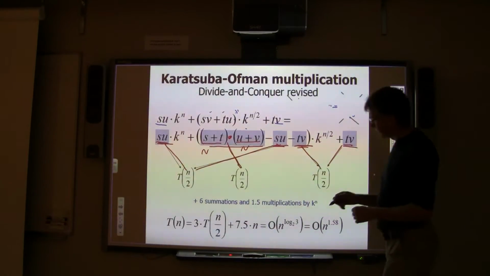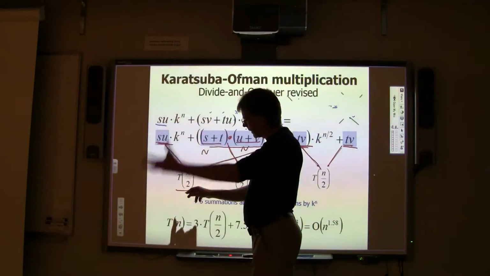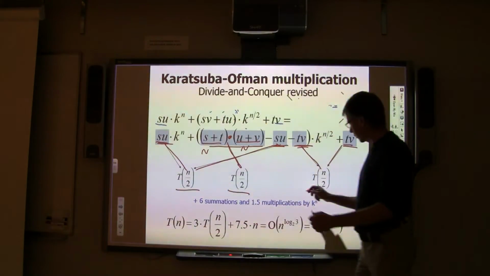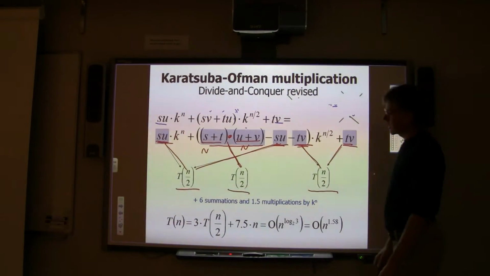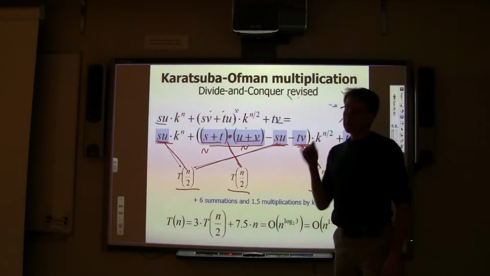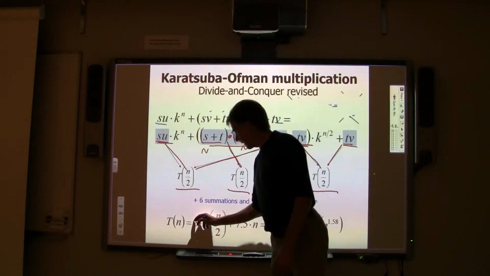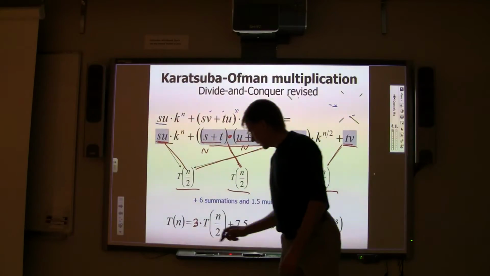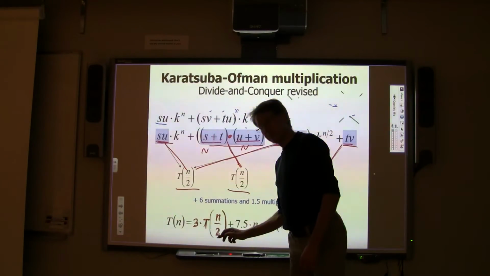So, calculating this now takes recursively T(n/2), T(n/2), T(n/2), plus several more summations. Now I have only 3 real multiplications. So I have changed the formula, the result is now 3 subproblems, all half of the size.